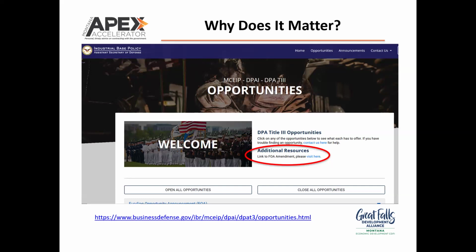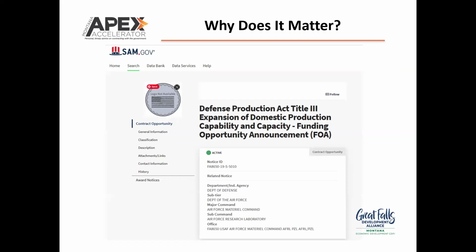The link on the bottom of the slide takes you to this page. The funding opportunity is located on sam.gov. The FOA is in effect until July 12, 2024, this year, and is divided into two paths to allow for maximum flexibility and increased industry engagement.